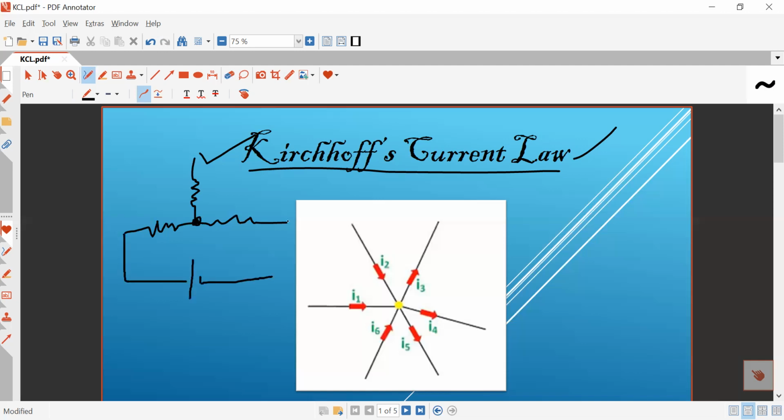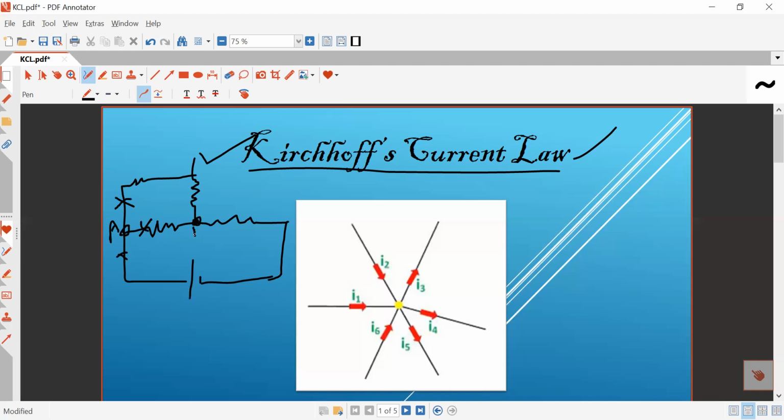Let us consider this is an electric circuit. And in this electric circuit, you can see that the point A is the point where three branches of electric circuit are connected together.